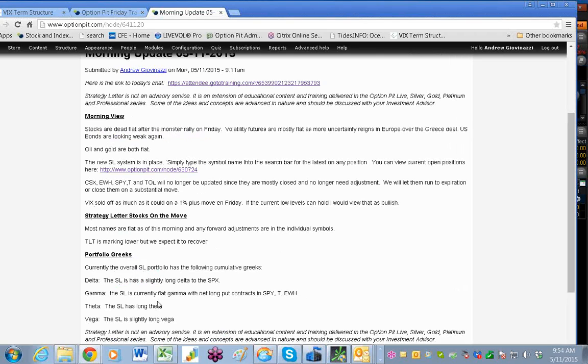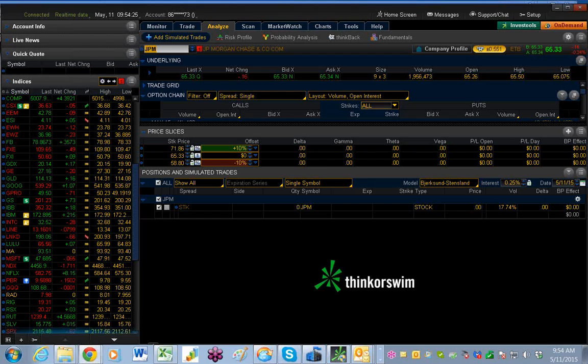Generally I try to look for positions that balance or have an adverse position to what we already have on. Right now we have mostly a flat gamma with a little bit of long theta, basically setting up for a market that's not doing much.